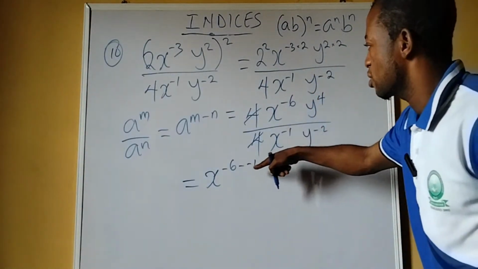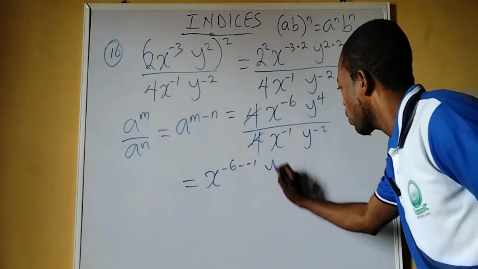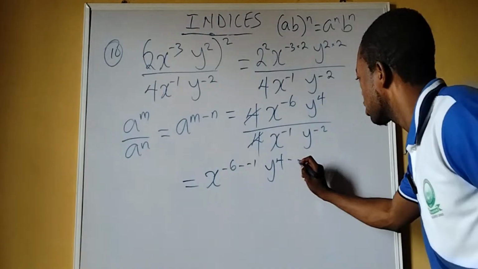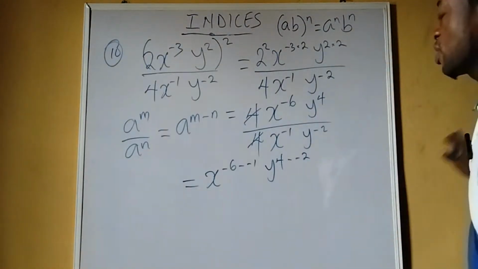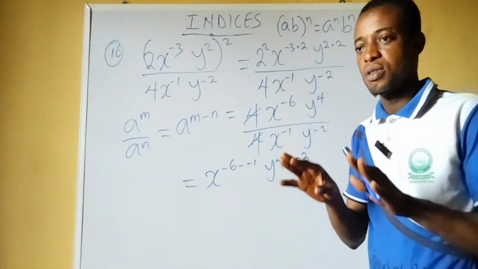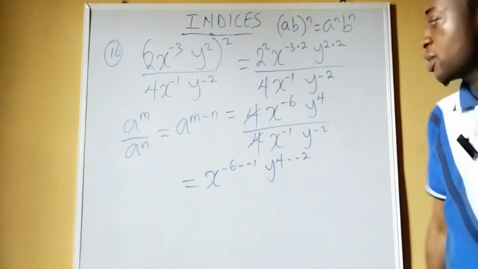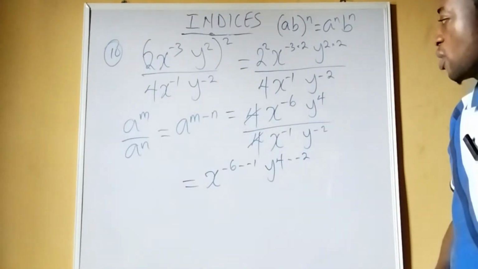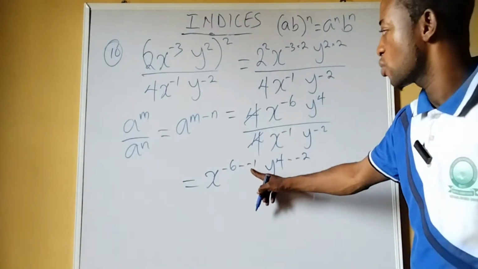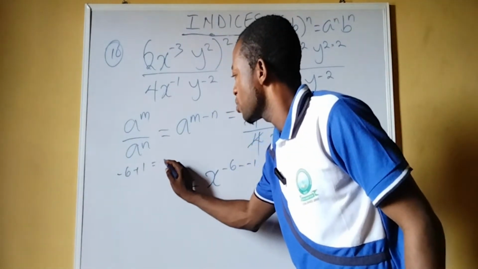So it's minus, and we still have minus 1. Then we also have y raised to the power 4 minus 2. Mathematically, when you have minus minus, it's minus times minus, and minus times minus is plus. So it means you have minus 6 plus 1, and minus 6 plus 1, we know that will be minus 5.